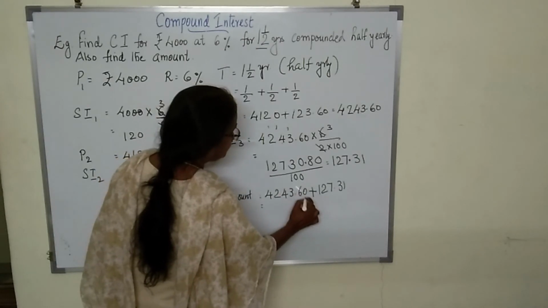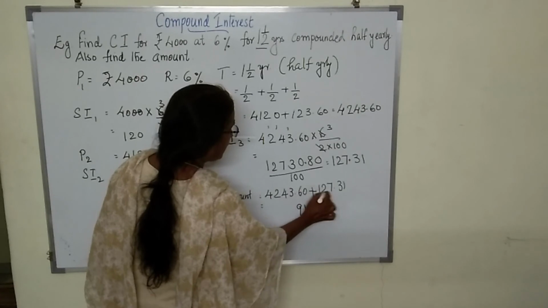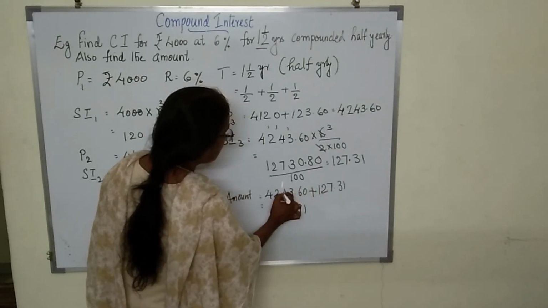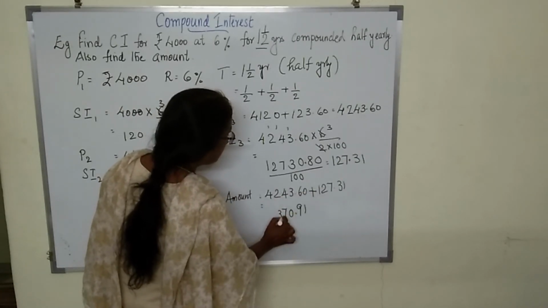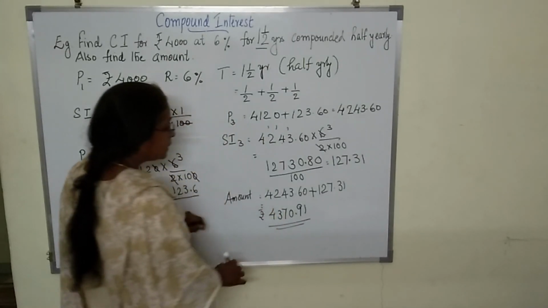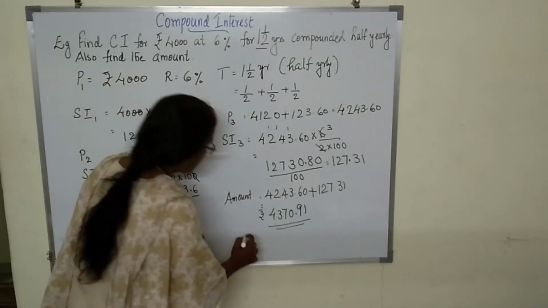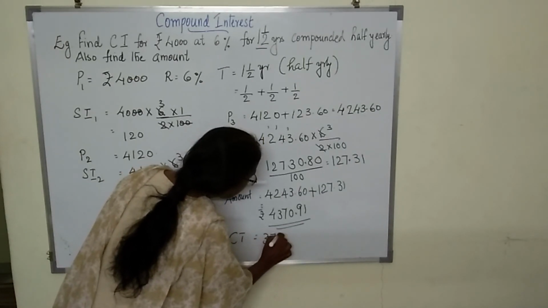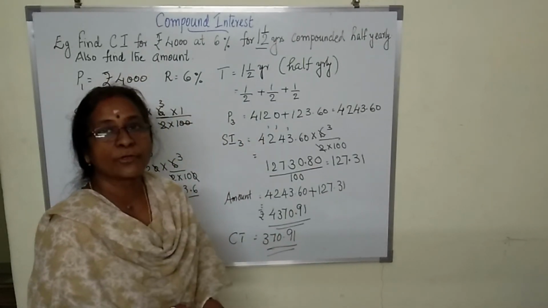That is 1 plus 6, 7, 3 plus 9, 7 plus 3, 10, 2 plus 1, 3, 3 plus 4, 7, 2 plus 1, 3. This will be the amount, and if you subtract the principal, you will get the compound interest, that is 370.91. That's all for today.